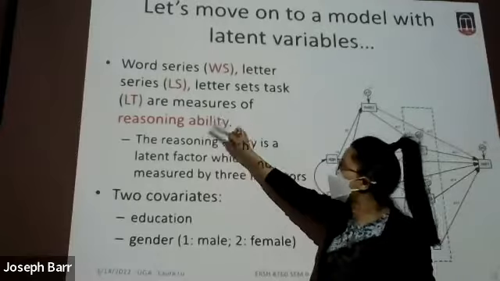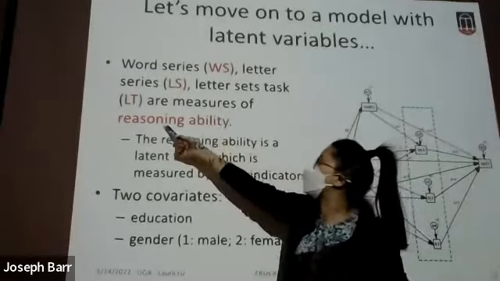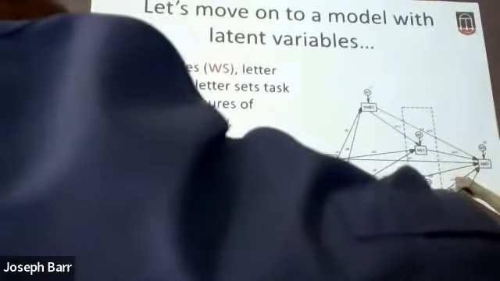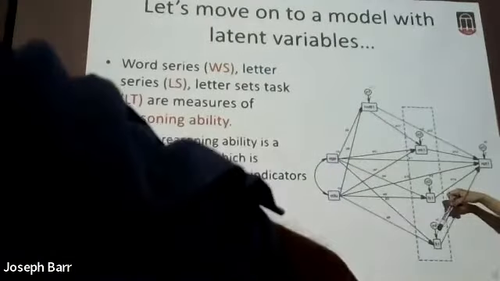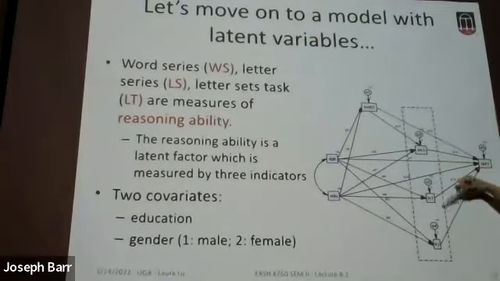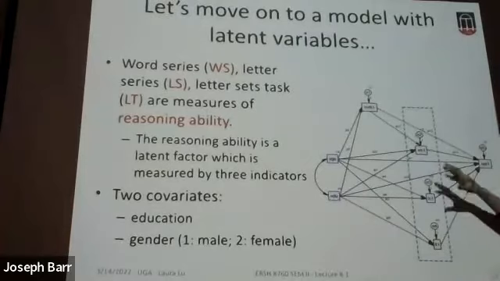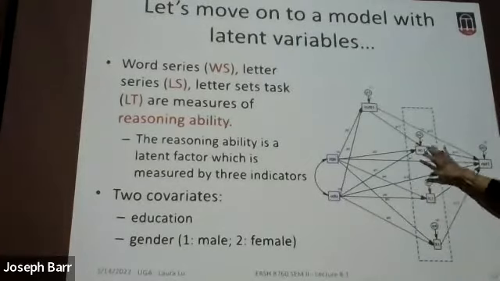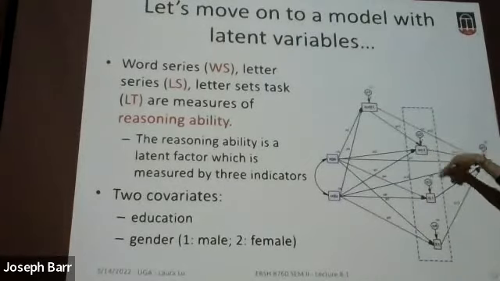So our goal is trying to get the reasoning ability, but we use these 3 tests to obtain the scores to measure it. Okay, so these can be treated as one measurement model, or we can use a factor model to summarize the scores here. Okay, this triangle part.